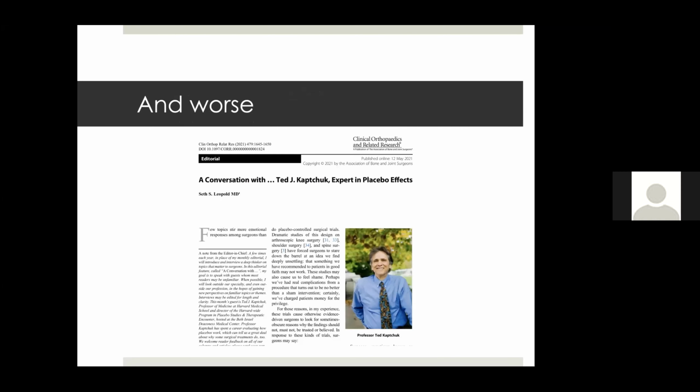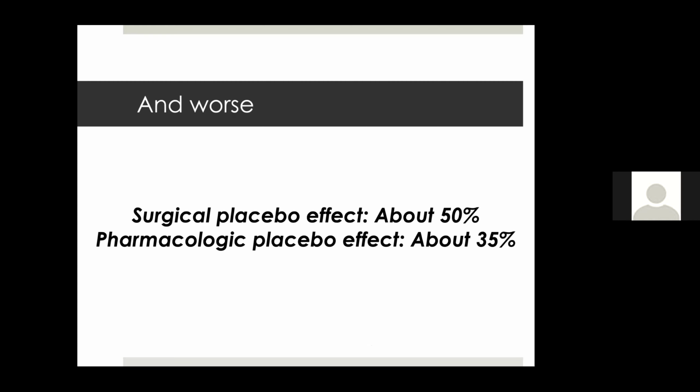If you haven't read the interview a couple of months ago with Ted Kaptchuk, who may be the only person at Harvard who's a full professor without any kind of advanced degree, surgical placebos are about 50% of patients improve. Pharmacologic placebos about a third. This should influence our thinking when we're interpreting the kinds of studies that Nick was presenting.